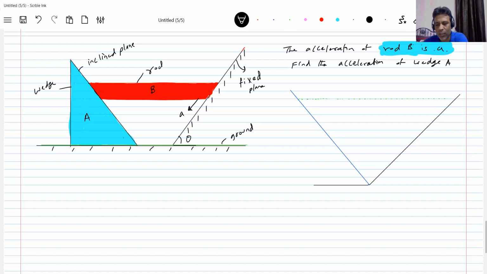Okay, let's come to all the angles. What can this be? This angle is theta. We are very sure this angle is theta, so this should be theta. Then what should this angle be? It should also be theta, and this should be theta, because I'll extend this line. This should be theta.